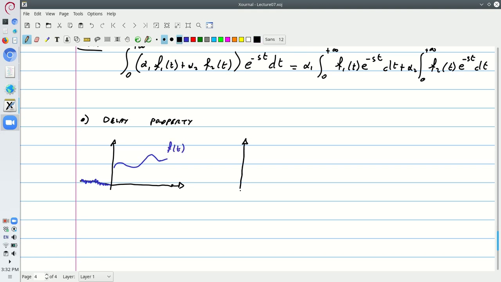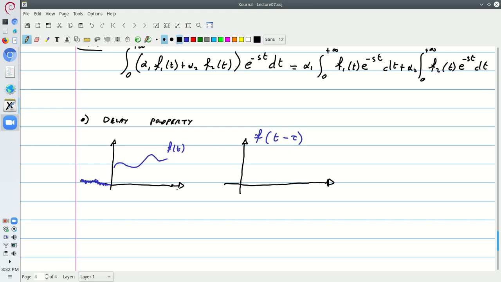You might want to compute the Laplace transform not of f of t, but of f of t minus tau. So let's see what happens if instead of having f, you have f of t minus tau.